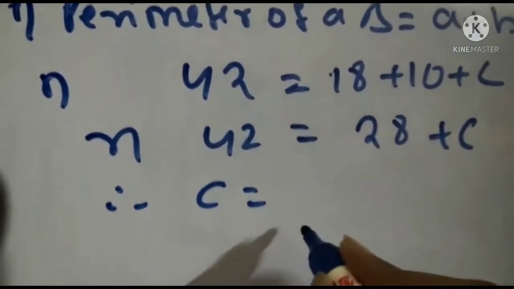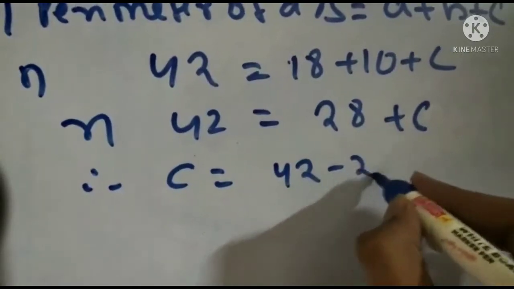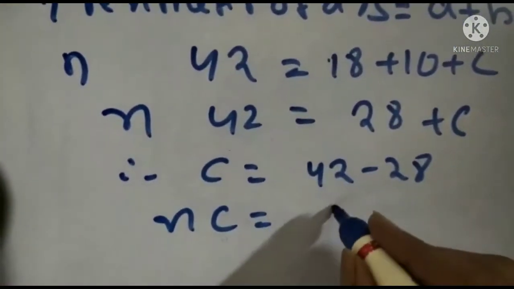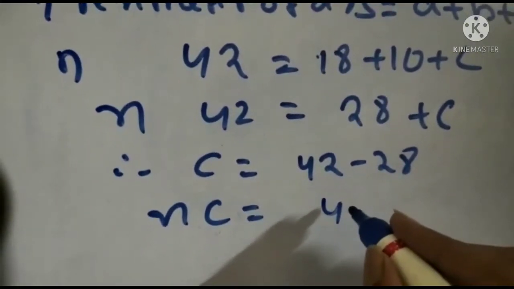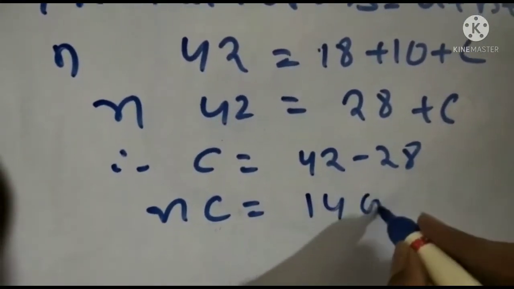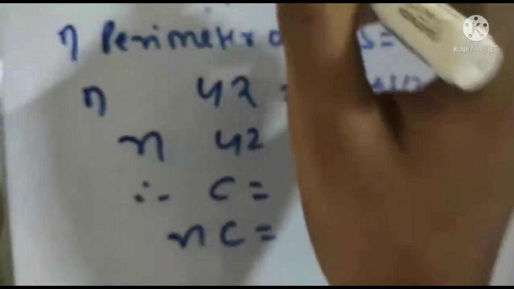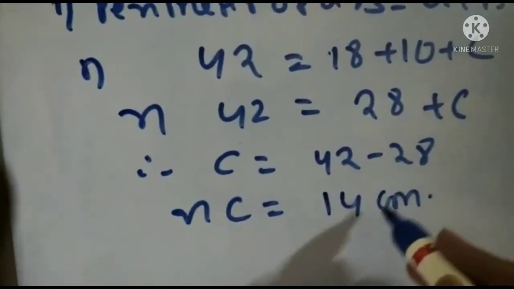Therefore c equals 42 minus 28, so c equals 14 centimeters. So a equals 18 centimeters, b equals 10 centimeters, and c equals 14 centimeters.